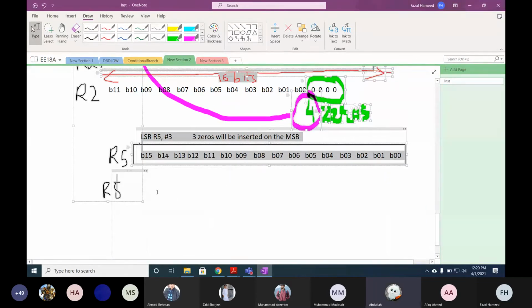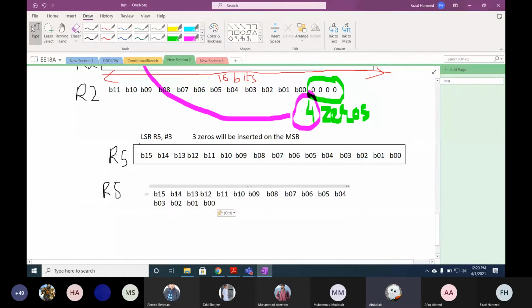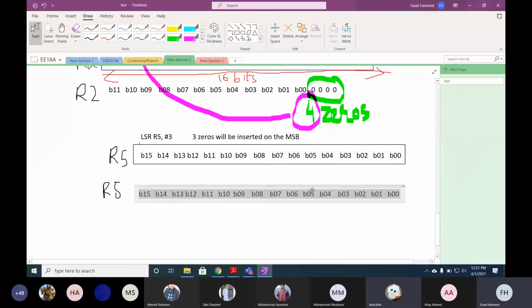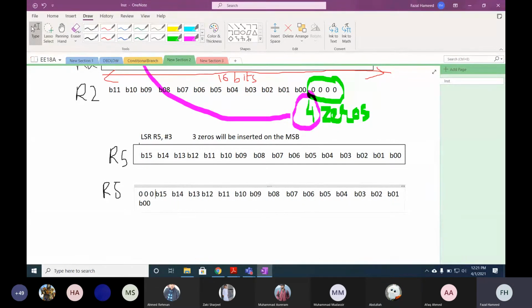Sir, from bits 15, 14 and so on, we will pick out B0, B1, B2 from here. So we need to push 3 zeros from the right. So 3 zeros are inserted, 1, 2, and 3. And which bits will be kicked out? The least significant bits will be kicked out, and that gives the new contents of R5.